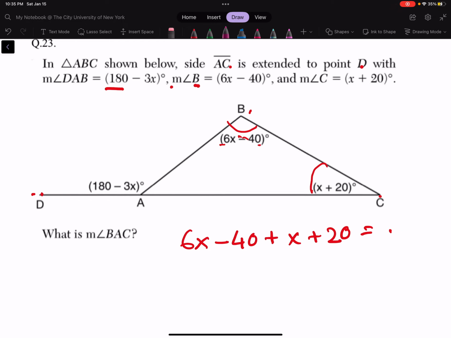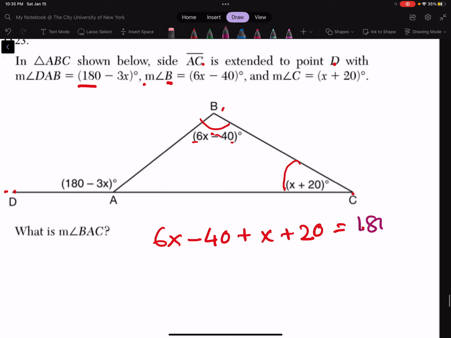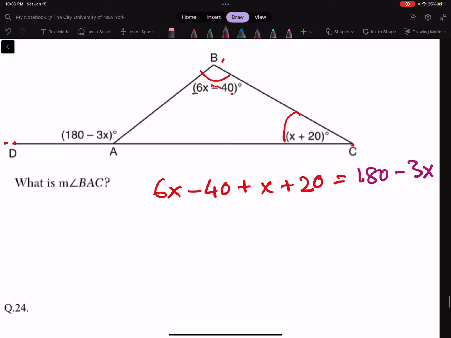And this exterior value is 180 minus 3x. So now what's your job? Let's bring all these x's to one side. First simplify this: 7x, and minus 40 and plus 20 should give you minus 20, and this is 180 minus 3x.